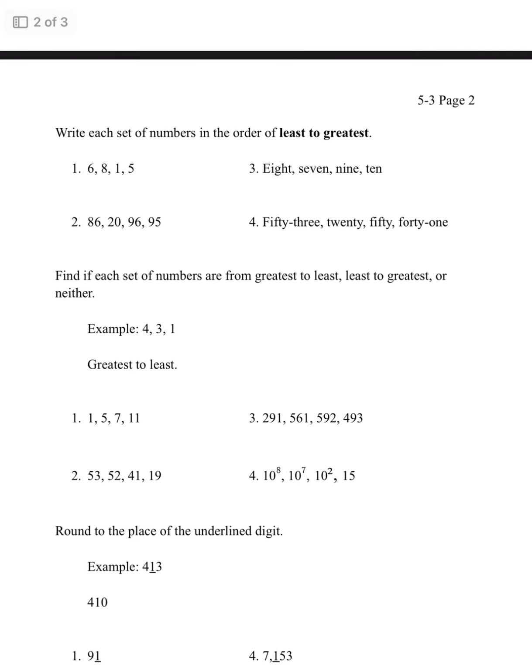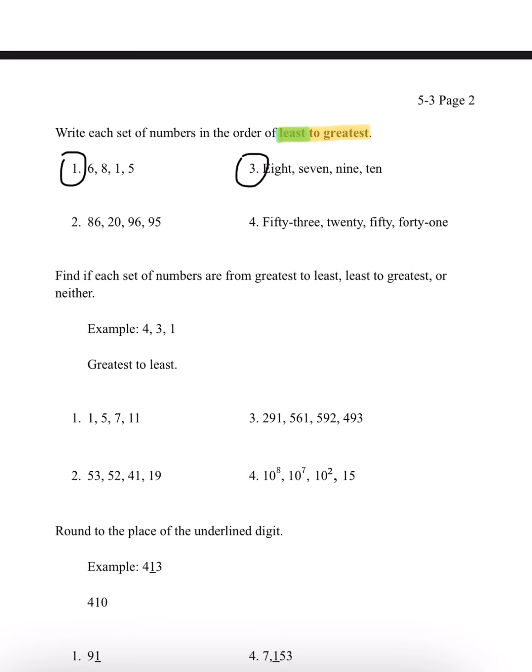Moving on, it tells us to write each set of numbers in the order of least to greatest. So I'm going to be going over number 1 and 3. Number 1 gave us 6, 8, 1, and 5.